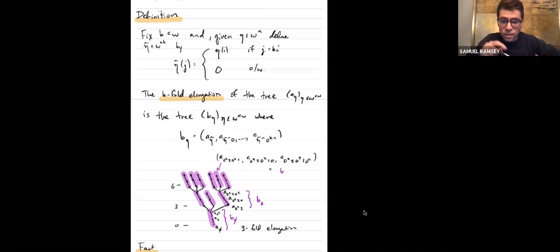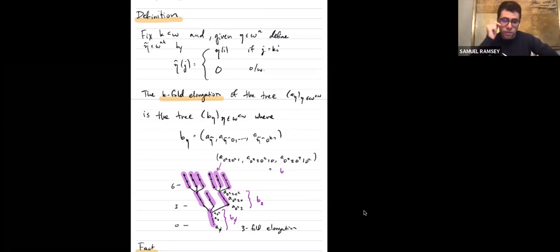This just defines an operation, and then the k-fold elongation of a tree, a eta, eta in omega less than omega, is now a collection of k tuples from the tree, where I look at a eta tilde, a eta tilde concatenated with 0, all the way up to a eta tilde concatenated with 0 to the k minus 1. So now my tuples have grown by k. I'm replacing each tuple with a k tuple of those tuples. And they're going to be indexed by these sort of padded bits.